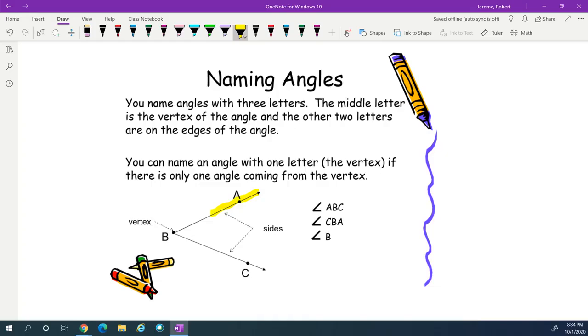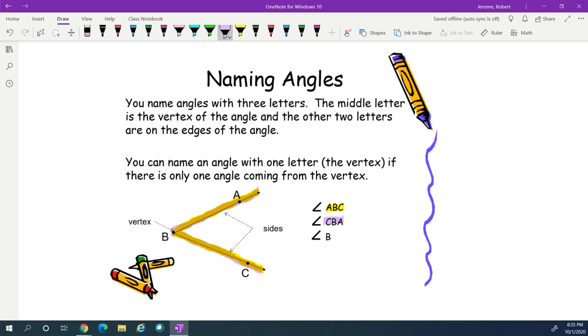I'm going to go through A. I'm going to get to B, the vertex, change direction, and then go out to C. So notice I went A, B, C. Now I could have gone the other way. I could have started with C and go through C, through B, and then to A. So angle CBA. That's how we name an angle.